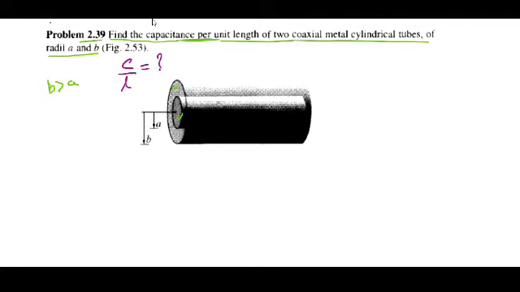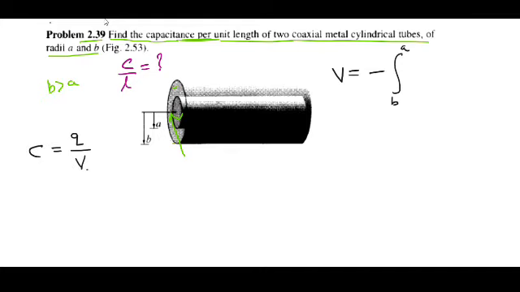Fine. To find out the capacitance, we have this expression, capacitance C is equal to total charge divided by the potential difference V. Here potential difference V can be written as minus integral from B to A, that is, we are coming from infinity, from the outer region to the inner region.